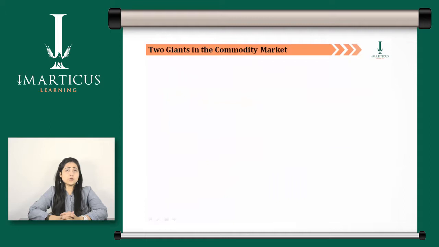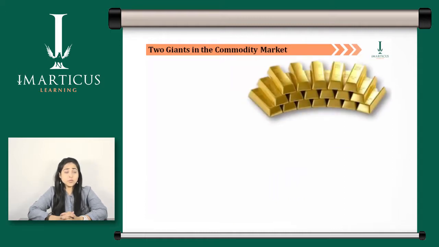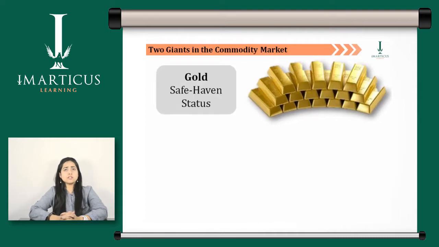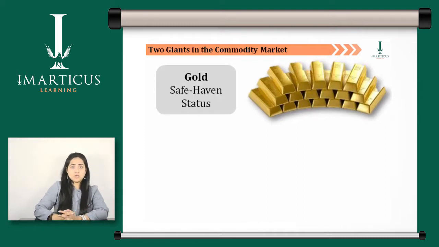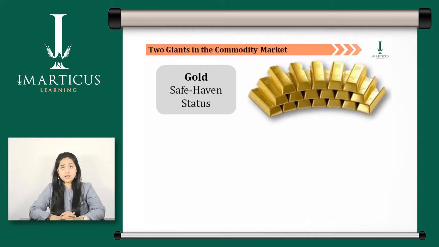Let us now talk about two giants in commodity markets. First is gold. It is famed for its safe haven status when negative economic data is released or global markets are slowing down. Especially during recessionary conditions, investors tend to rush to an alternate investment, generally always the precious metal, gold.